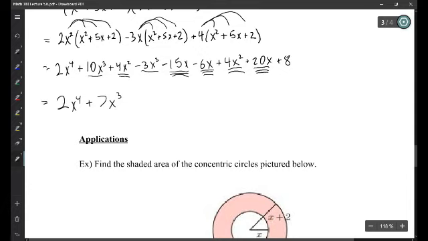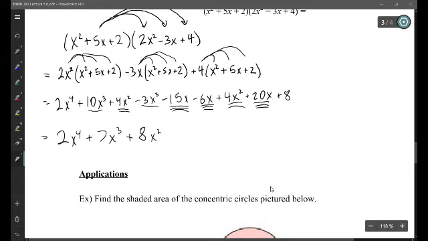For the x squared terms, 4x squared plus 4x squared is 8x squared. And then for the x terms, negative 15 minus 6 is negative 21. And then plus 20. So negative 21 plus 20 is negative 1. We get minus x, and then plus 8.